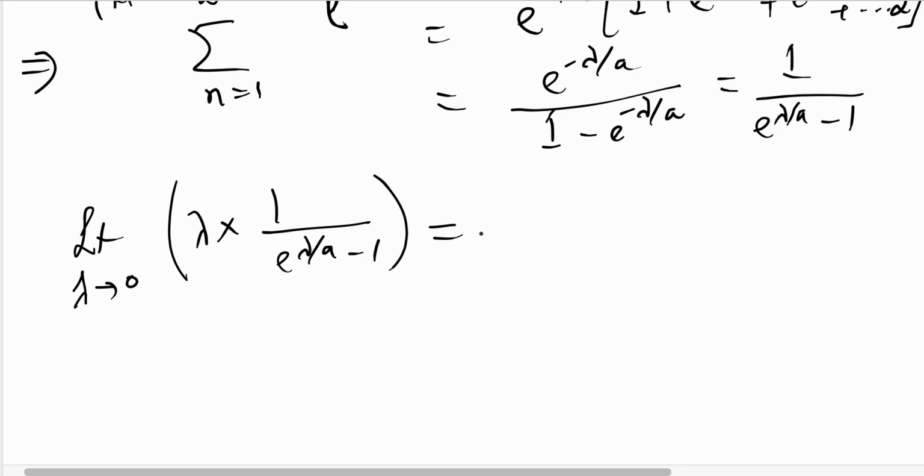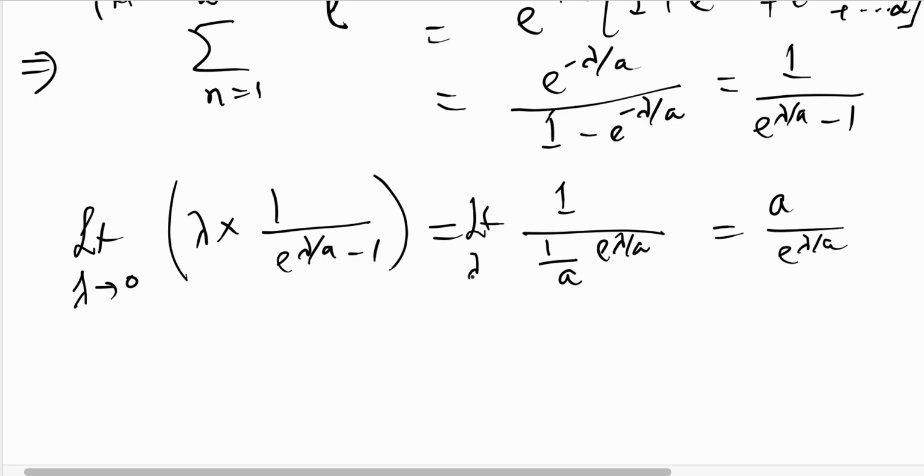Which is the derivative with respect to lambda. If I take the derivative of lambda, this will be 1, and the derivative of the denominator with respect to lambda will be 1 by a e to the power lambda by a, right? So a up and e to the power lambda by a. Now I take the limit lambda tends to 0.